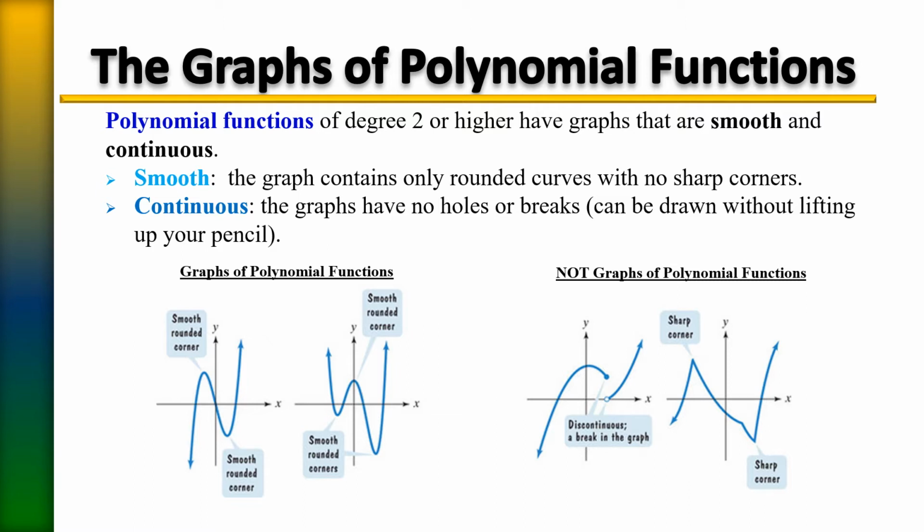So the first graph represents graphs of polynomial functions which are smooth and continuous. And then the second figure shows graphs that are not smooth and continuous because they have either a hole or break in it, or they have sharp corners or sharp turns.